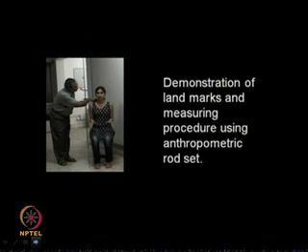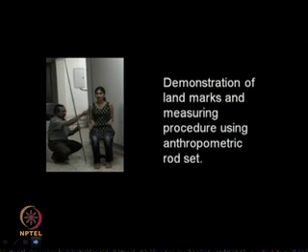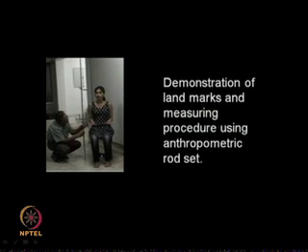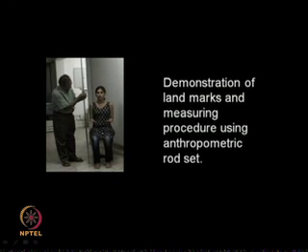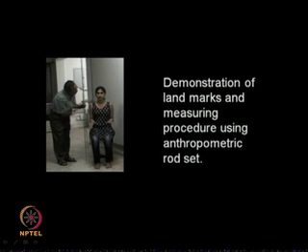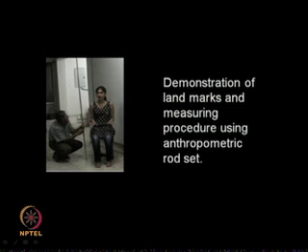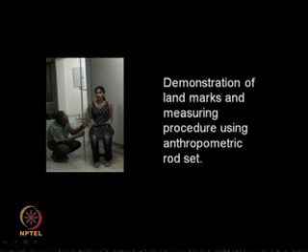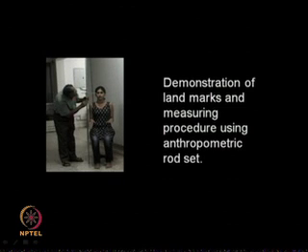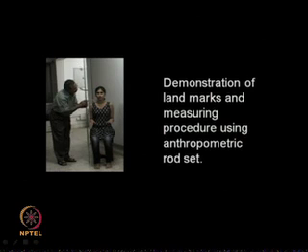Now, in a sitting posture, or the sit desk posture, the adjustable stool is used so that the 90-degree positions at elbow, thigh and foot can be maintained, and the hip also. Then the same anthropometric rod can be used.